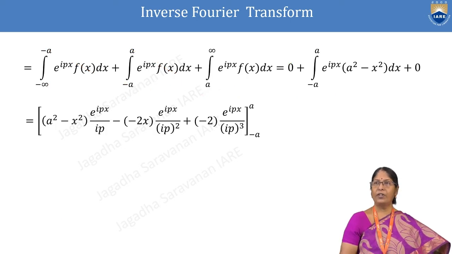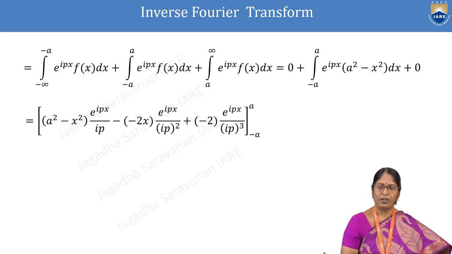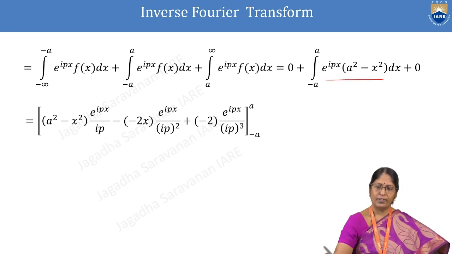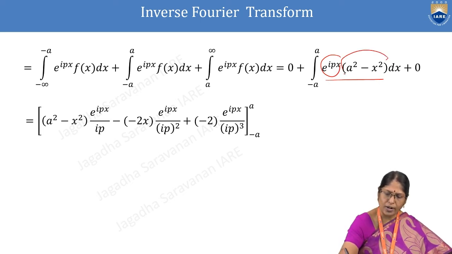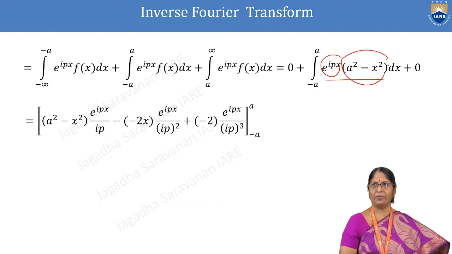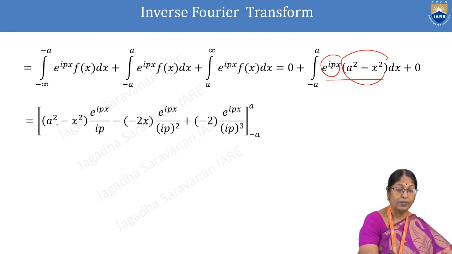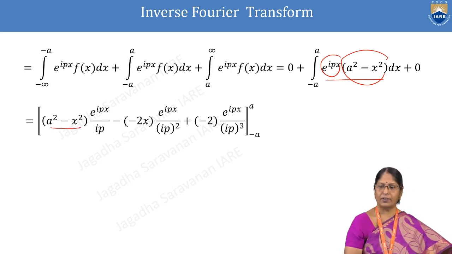So now we will do the integral part. Here one factor is exponential, another is algebraic. For an algebraic function in combination with an exponential, there is an easy way to do the integral. First the algebraic part is written: a square minus x square.